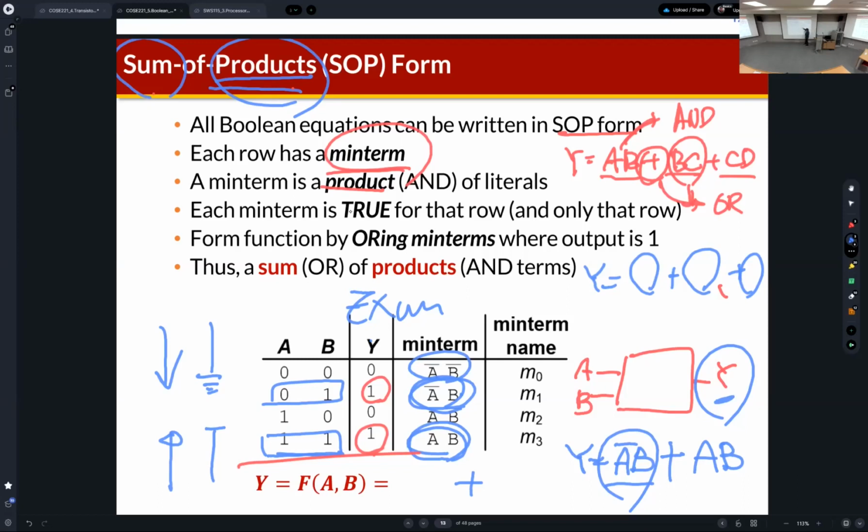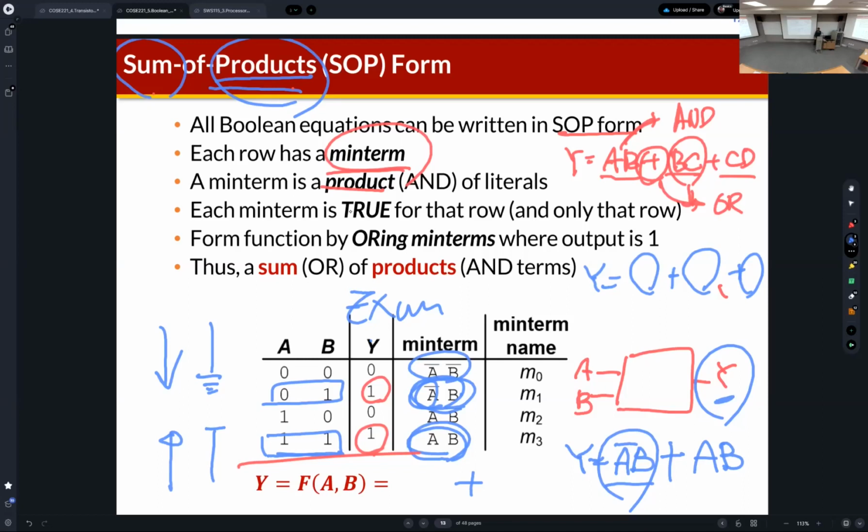Then how can we make this y 1 using min terms? In this truth table, if a is 0 and b is 1, then y becomes 1. So if we just add A bar and B, then we can make y 1.